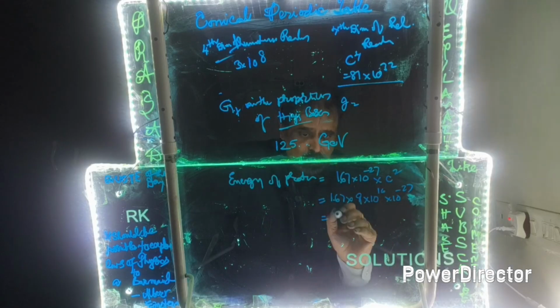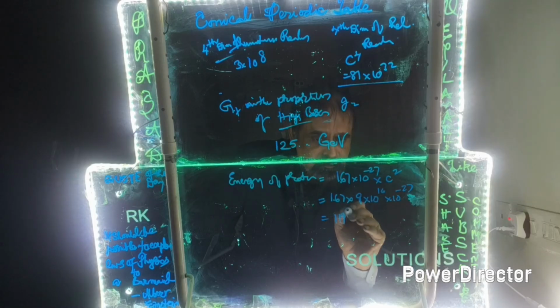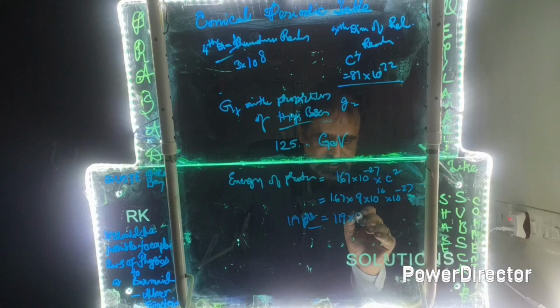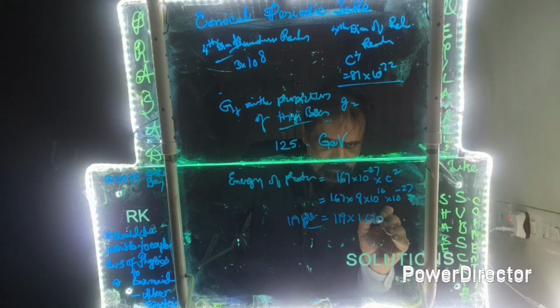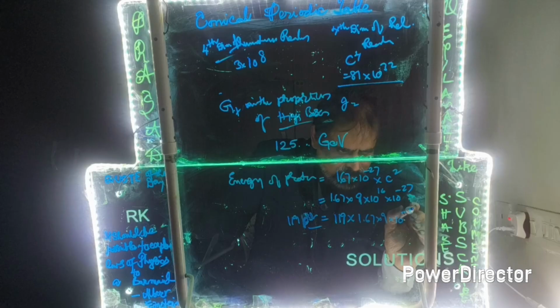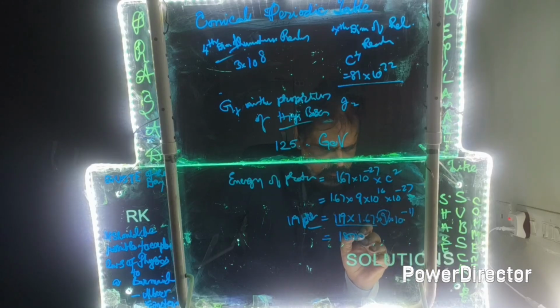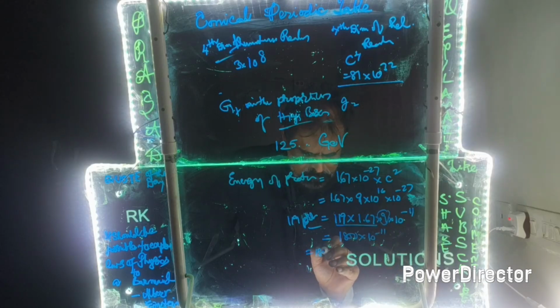If you take 119 such protons, it will become 119 into 1.67 into 9 into 10 raised to minus 11, which is nearly 200. 200 into 9 is 1800, so 1800 into 10 raised to minus 11, which is equal to 180 into 10 raised to minus 10.